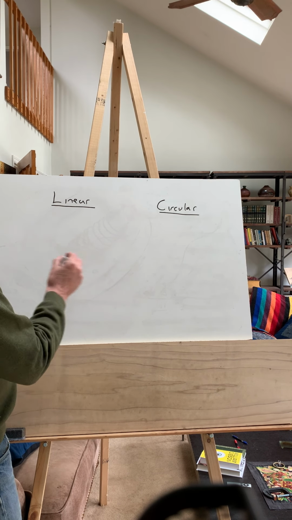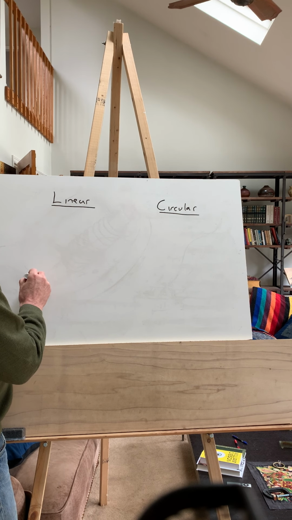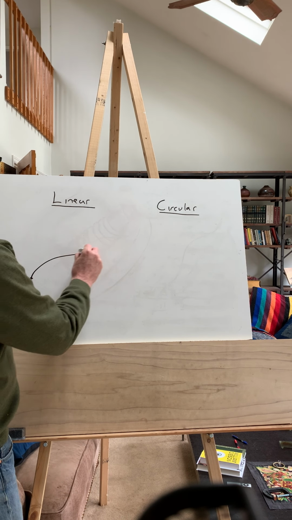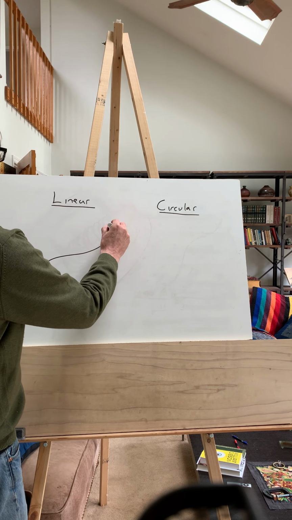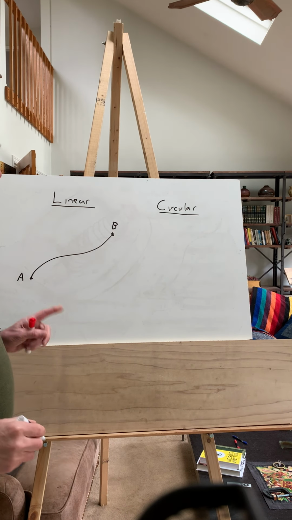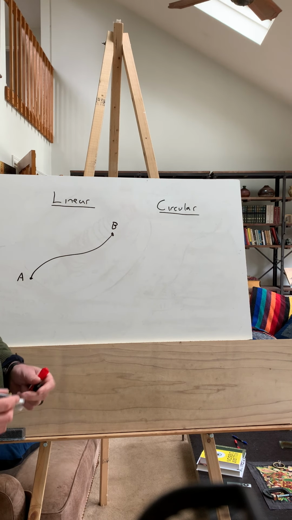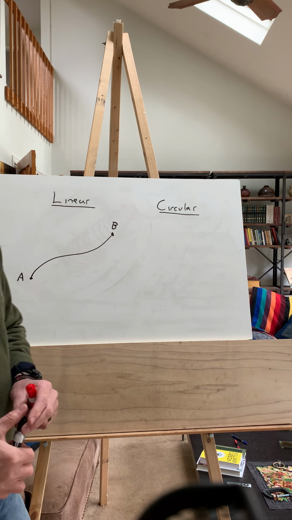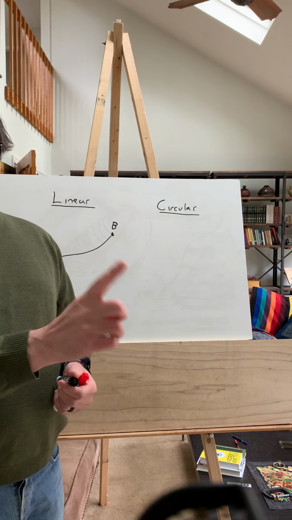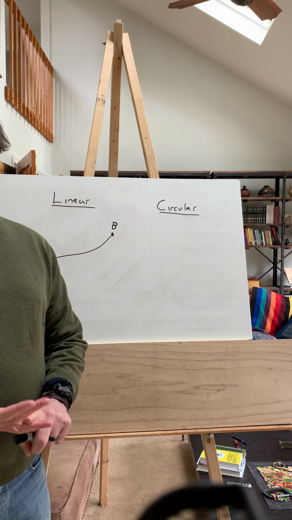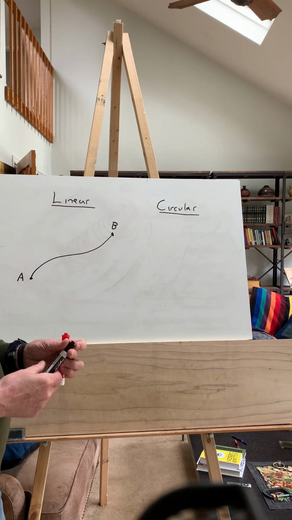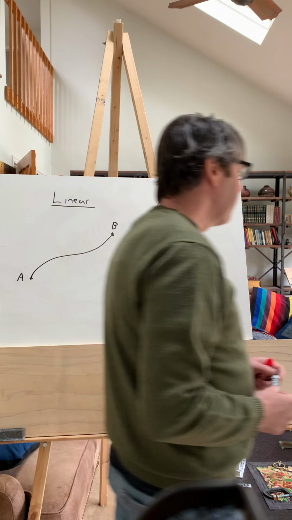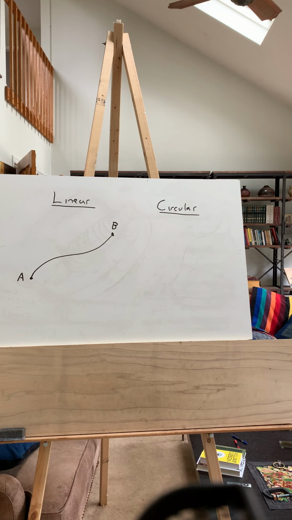Now linear motion is motion that goes from point A to point B, where A and B are different. And you might think of linear motion as being in a straight line. That's a particular thing called rectilinear motion. But linear motion more generally just goes from point A to point B. And there's a couple of variables that we have to define that.